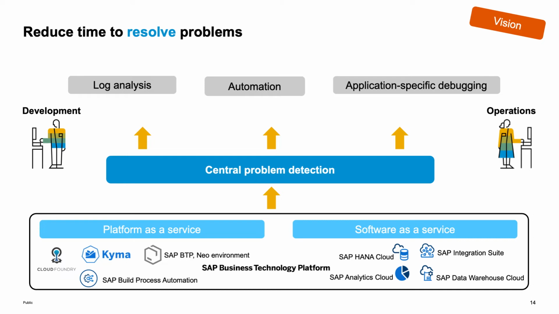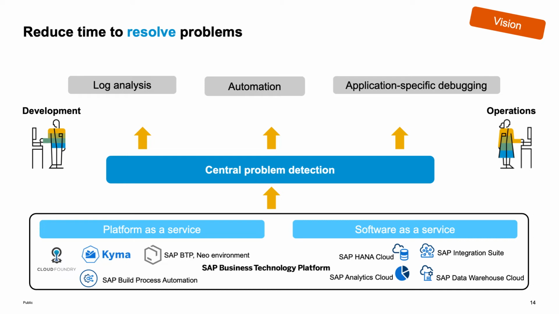But certain other scenarios might require a deeper analysis of logs, and you might want to correlate the logs that are coming from different services to be able to find the root cause of a particular problem. And in specific cases, there are application-specific debugging tools that are needed to actually debug the situation as well.